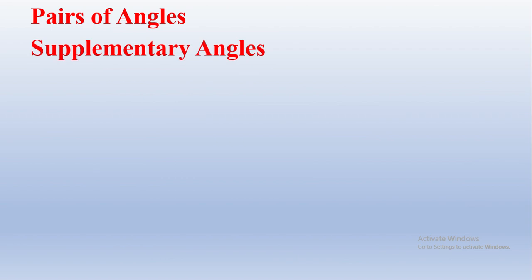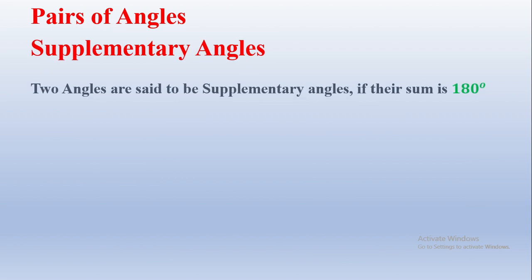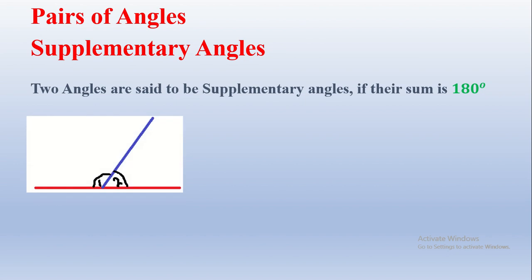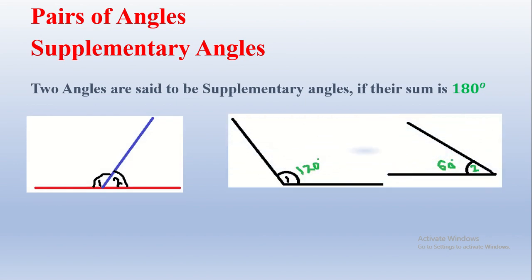Now, the other pair of angles that we'll be talking about is supplementary angles. And again, we know that two angles are said to be supplementary angles if their sum is 180 degrees. They can be adjacent, they can be non-adjacent.